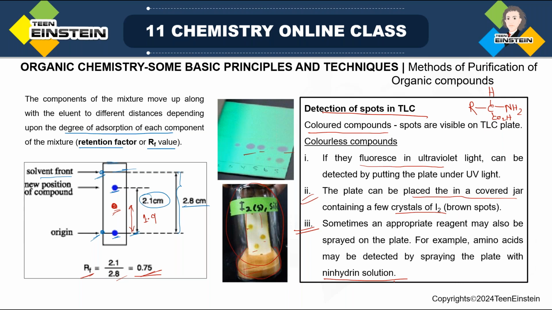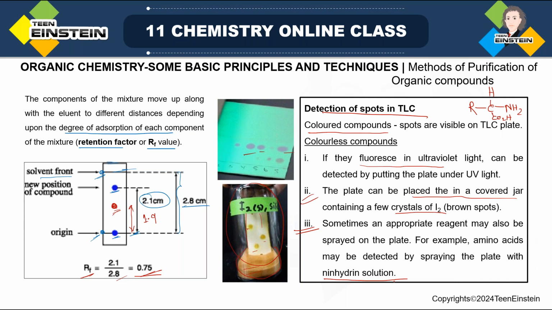But ninhydrin is a compound which, in the presence of amino acid, forms a complex, and the complex with this amino acid has a specific color, mostly towards the red side. It may be pink or magenta or red, something like this, but there will be some difference in the color. So amino acids can be detected by spraying the ninhydrin solution over them.